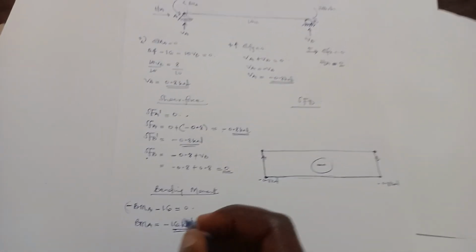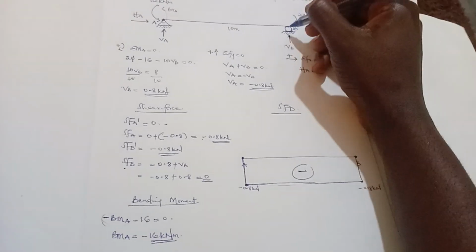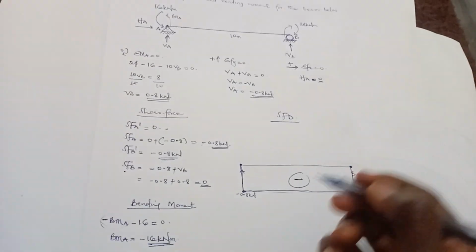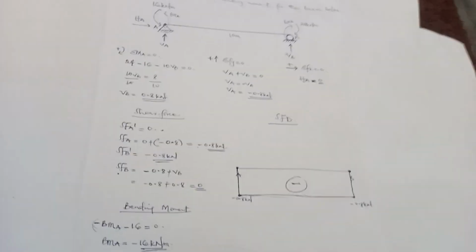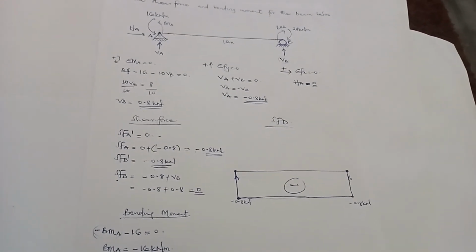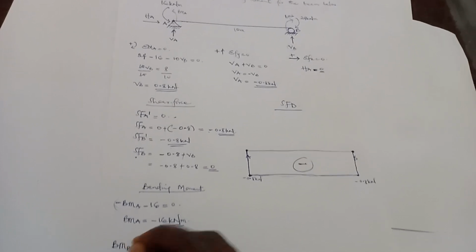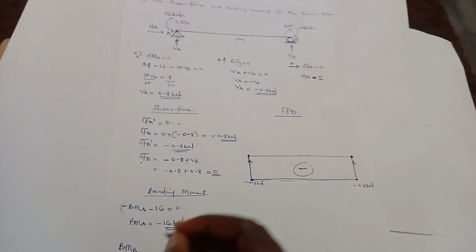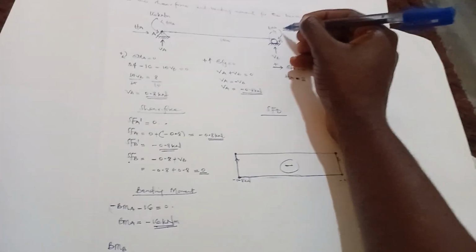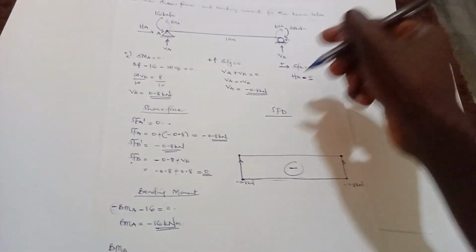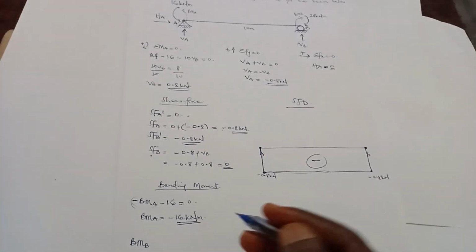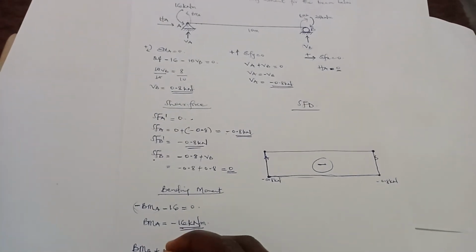Now the bending moment at B. Because I want to take my right, I'll take moments to my right and call this BMB. Moving clockwise is positive, so positive BMB. The 24 kilonewton meter is moving in the clockwise direction, so that's going to give us plus 24.